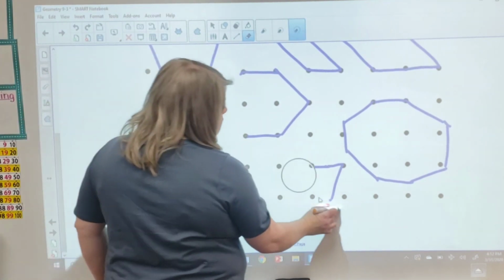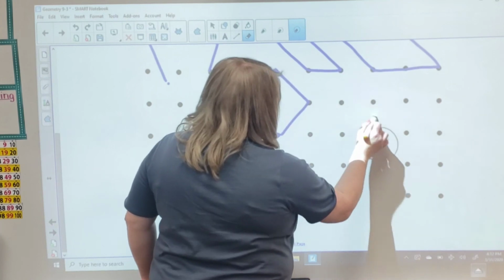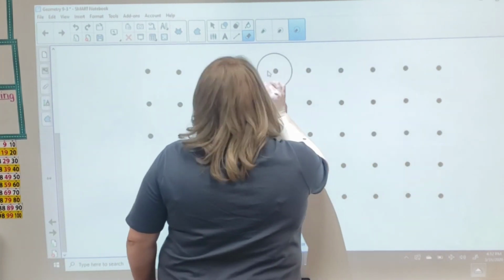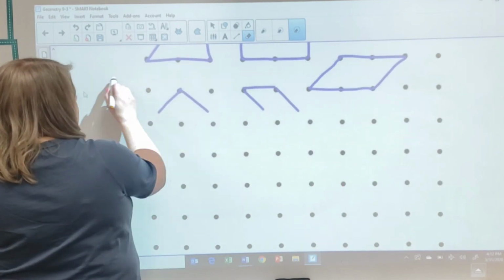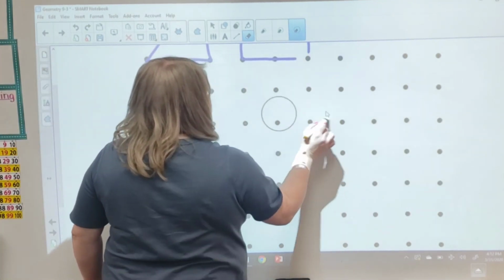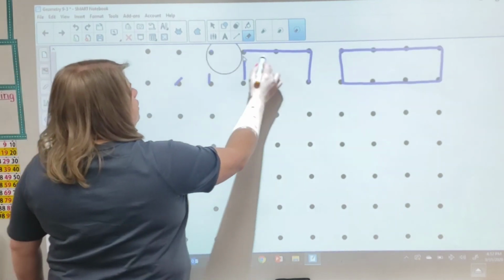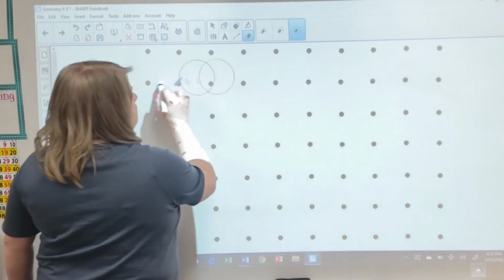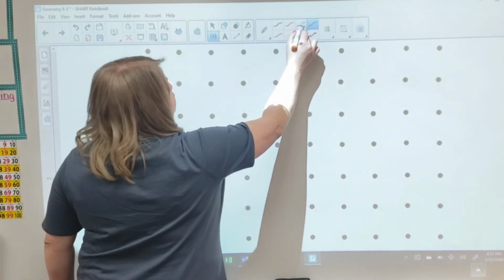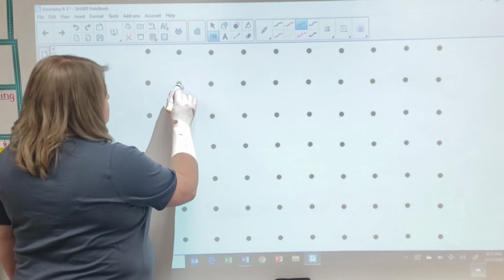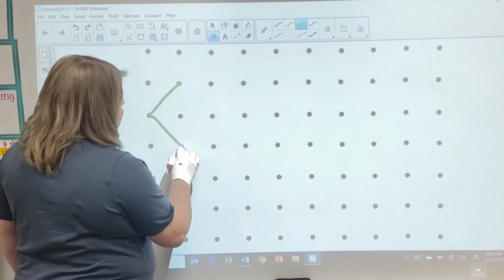A polygon is a closed, flat figure with straight sides. So if it has 3 sides, can you think of anything that would work? I can only think of one thing. Maybe you can think of more. It's not a polygon, but it has 3 sides. 1, 2, 3.